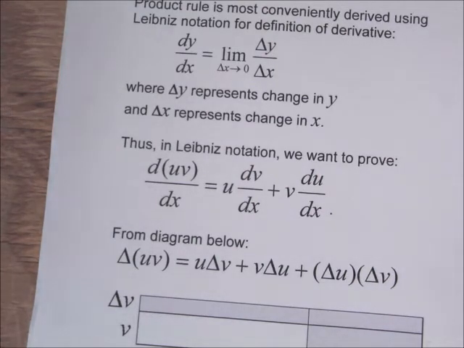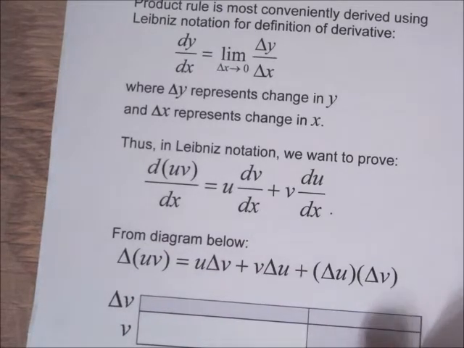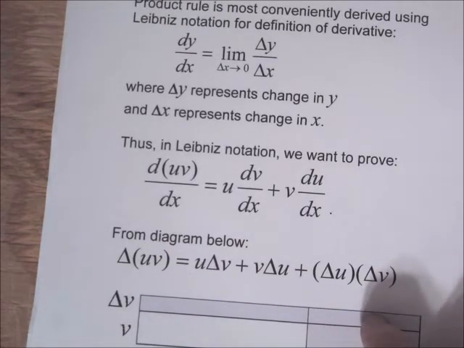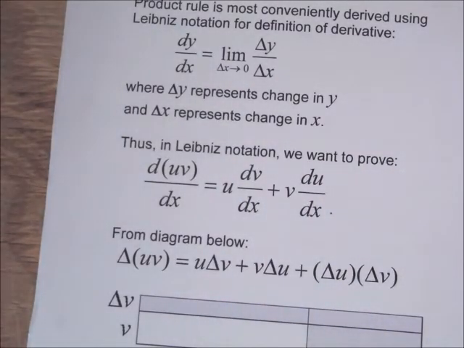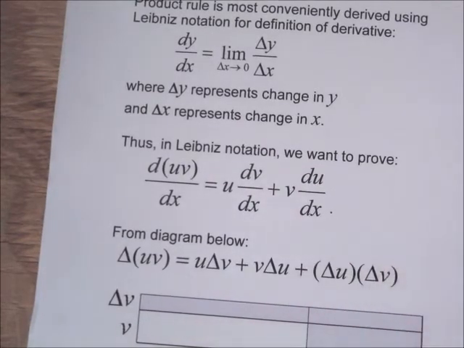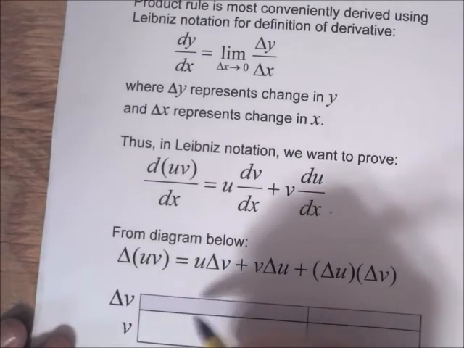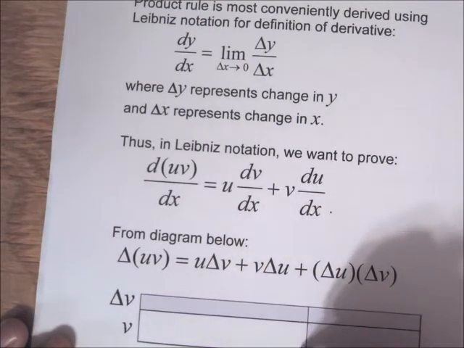From the diagram, delta uv, that's this box here, the change in uv is going to be u times the change in v. So the original function is u times v.